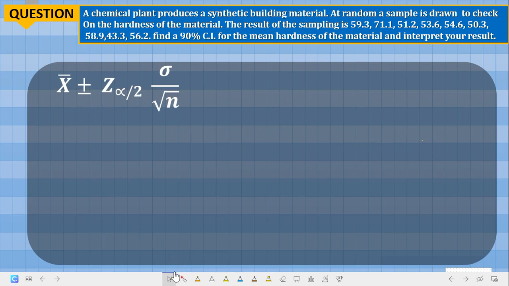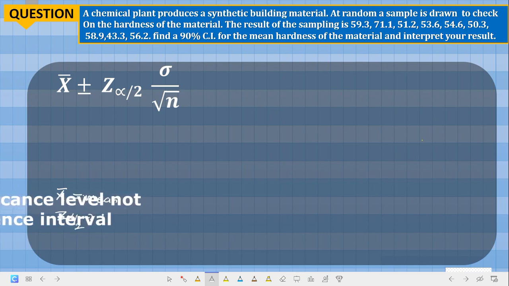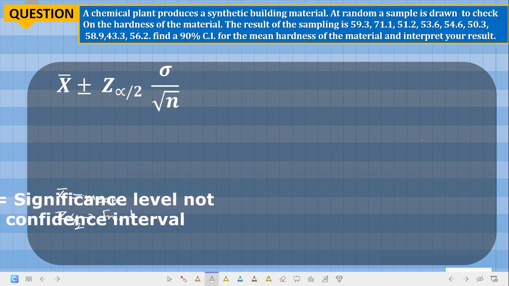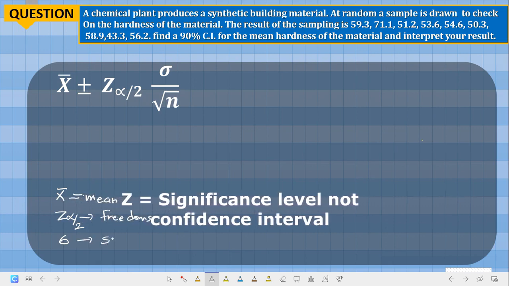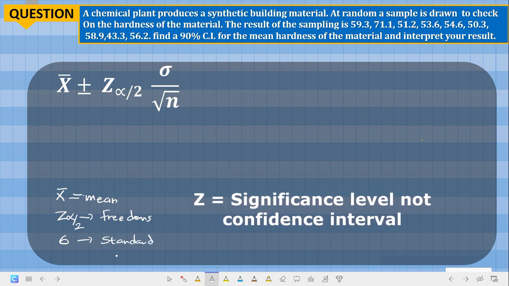In this formula, our x bar is the mean, our z alpha over 2 is the confidence interval value, and this symbol here means our standard deviation.